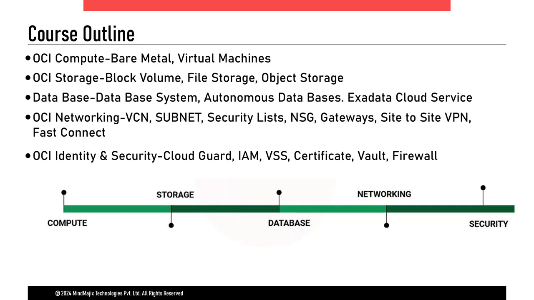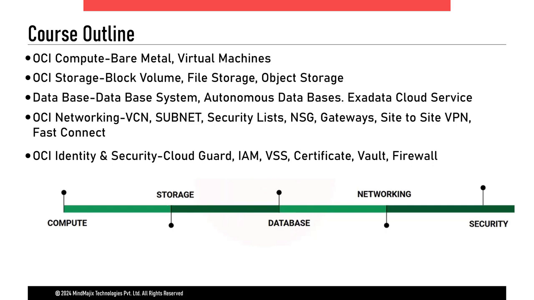In IAM, we manage the identity. That means we manage the users, groups, roles, permissions, everything. Whatever access related things we have, we manage within IAM. Identity and access management is a service within OCI, and all the access related things can be managed within IAM.